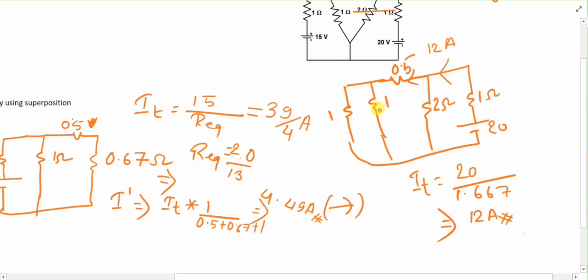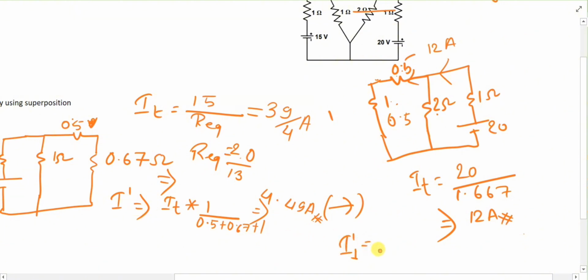12 ampere will divide at 0.5, meaning the resultant of these two will be 0.5, and 1 and 2. Now using the current divider rule, I have to identify I1 dash, since we have used I dash.